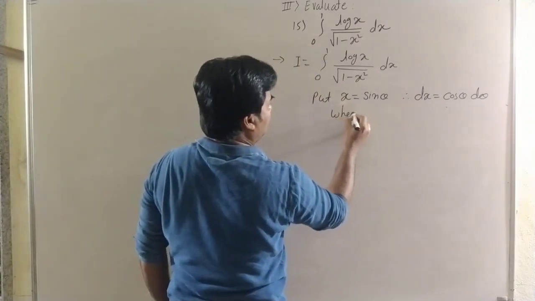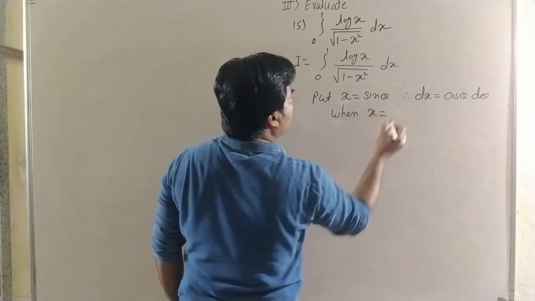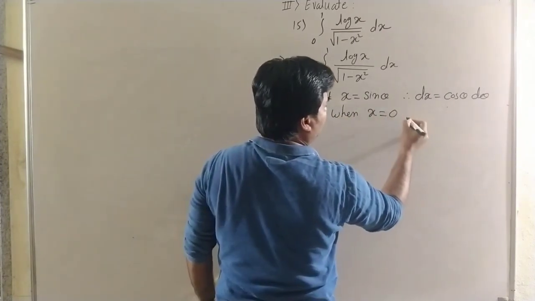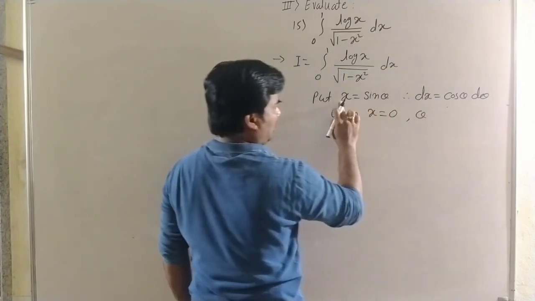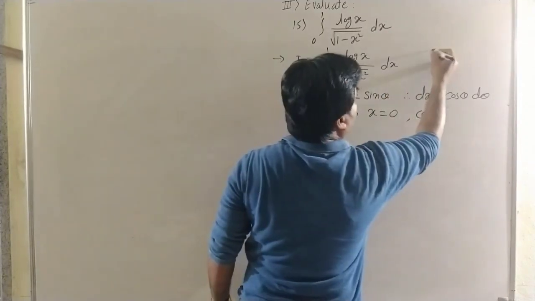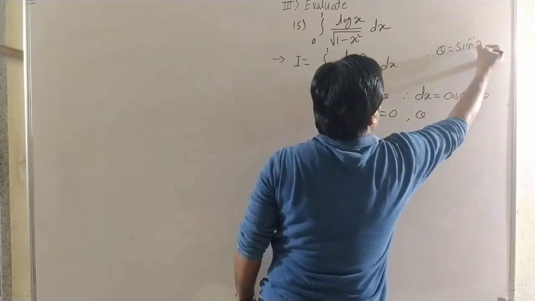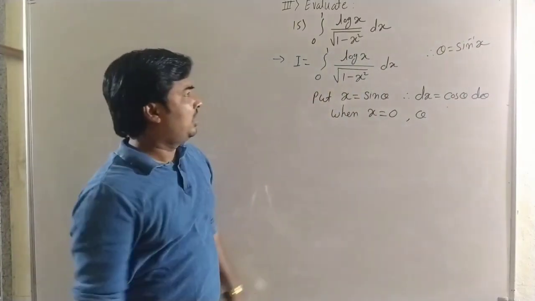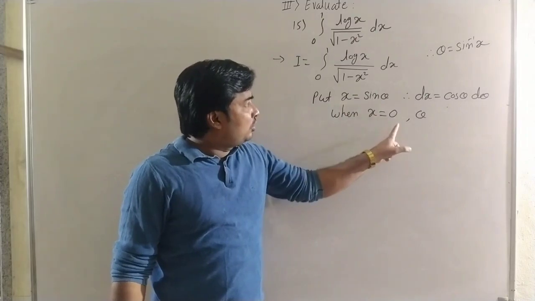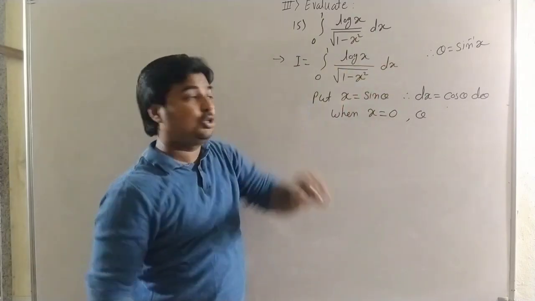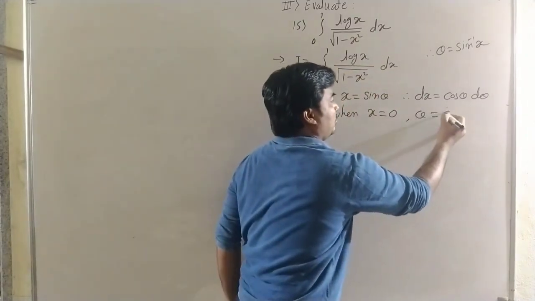When x is equal to 0, then theta is equal to, see carefully, x is equal to sin theta, therefore theta is equal to sin inverse of x. When x is equal to 0, theta is equal to sin inverse of 0, that means theta is also 0.